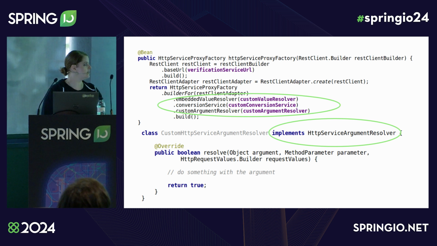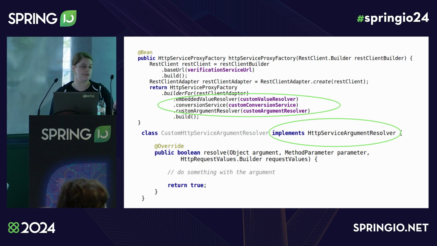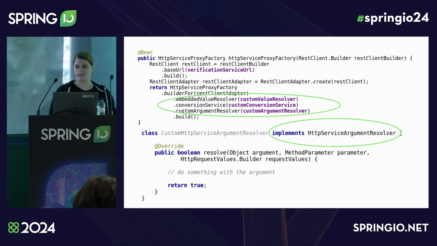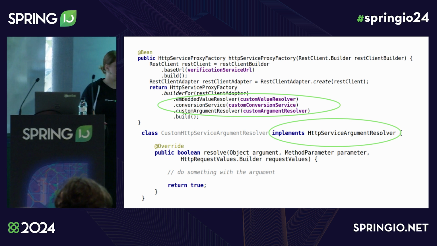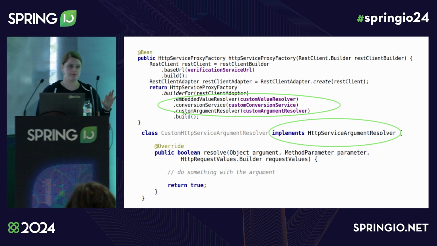So in this case, we can configure the embedded value resolver, add a custom one. So that is a string value resolver for resolving placeholders and expressions in the URL. Then there is a conversion service, which is formatting inputs as string. And these are all fine and well, but I don't think many people would change them.